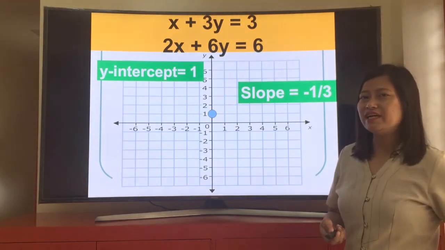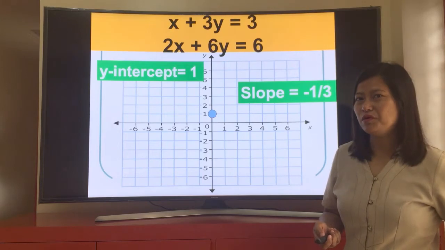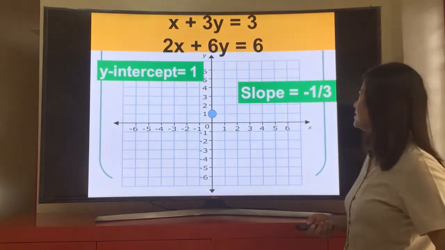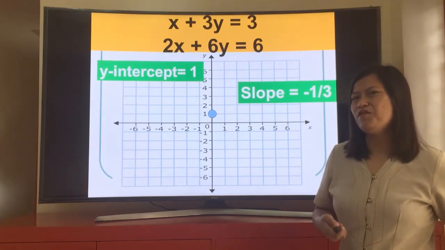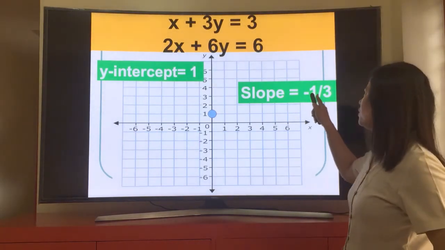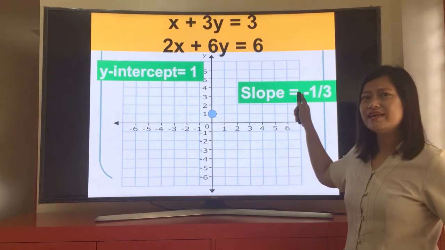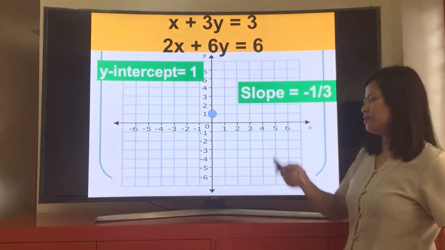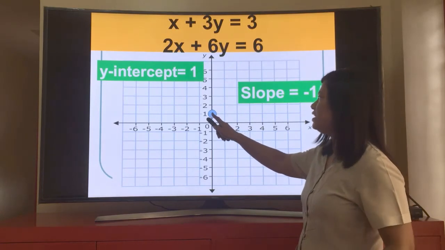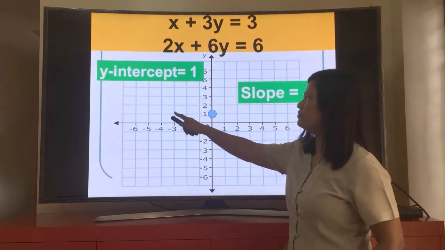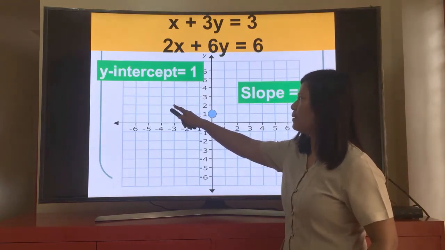Since the slope is negative, we expect that the line falls from left to right. Also, slope is equal to rise over run. So 1 here is our rise and 3 here is our run. So from this point, move 3 units to the left and 1 unit up.